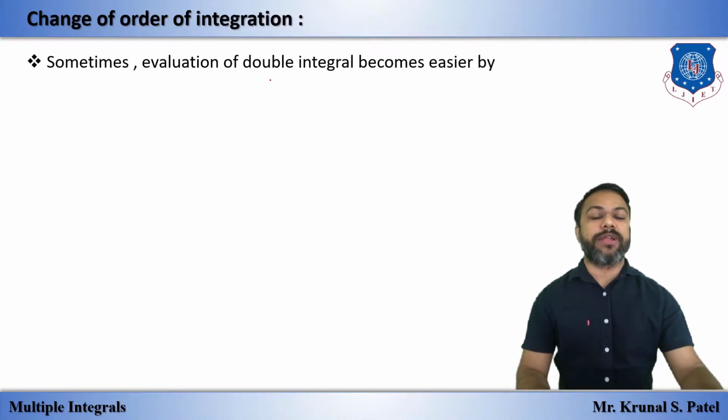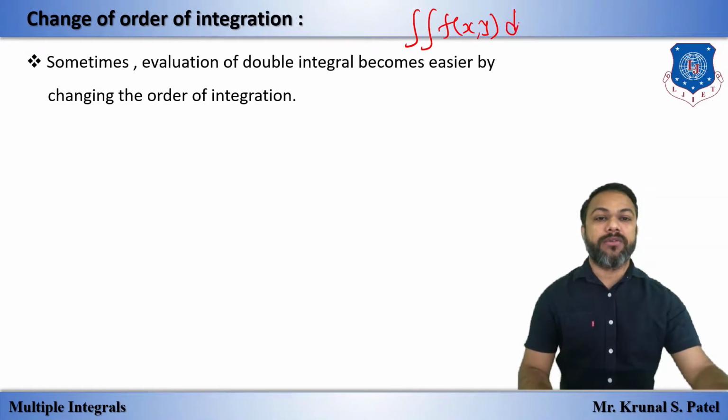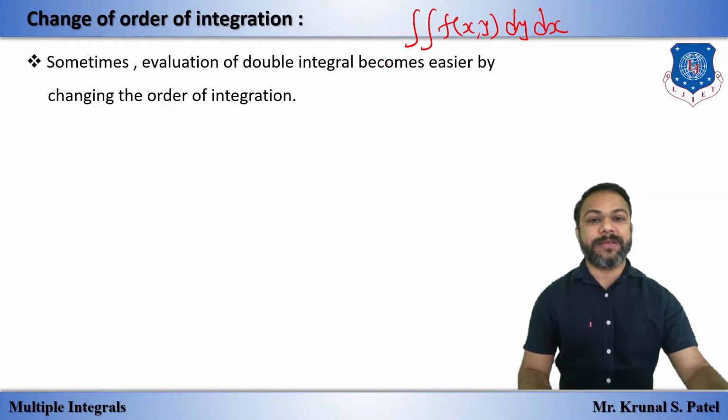Sometimes evaluation of a double integral becomes easier by changing the order of integration. Changing the order means that if we have the double integral of f of x comma y dy dx, then dy is inside, so the limit of y is inside, where y is a function of x, and the outer limit is x equal to a to x equal to b.